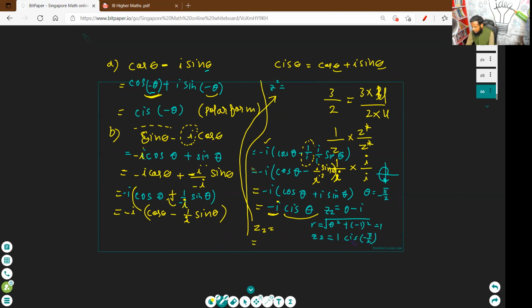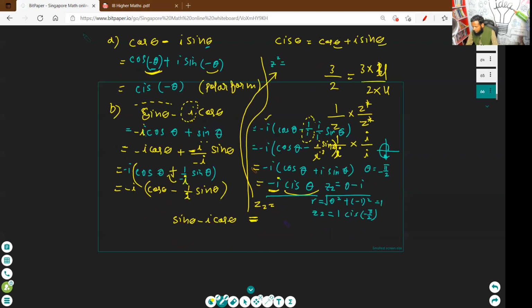Multiply. This is our sine theta minus i cos theta. Write it right here. Put them both in polar form and multiply.